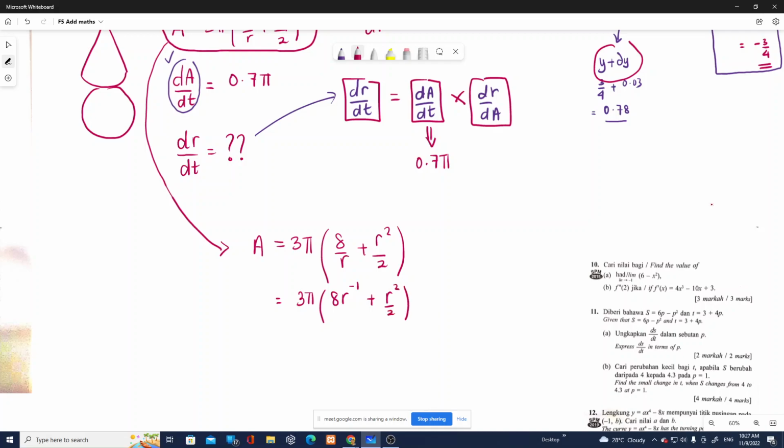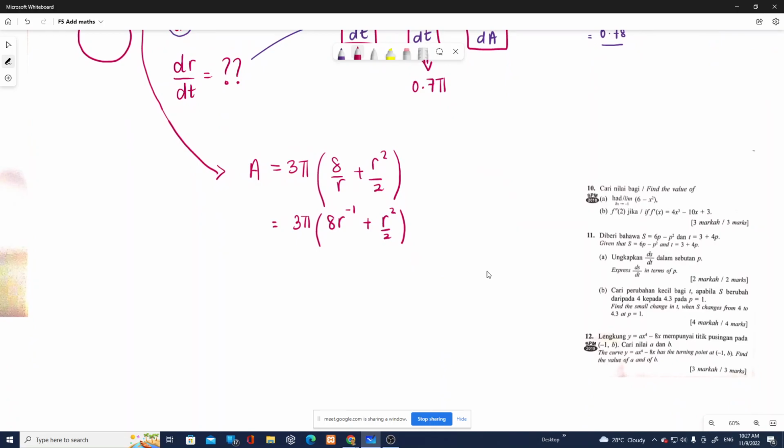After that, you can start to differentiate, or you can multiply the 3 pi with the 8. You get 24 pi. Pi is a constant, r index negative 1, tambah dengan 3/2 pi r kuasa 2. And now you can do dA per dr.